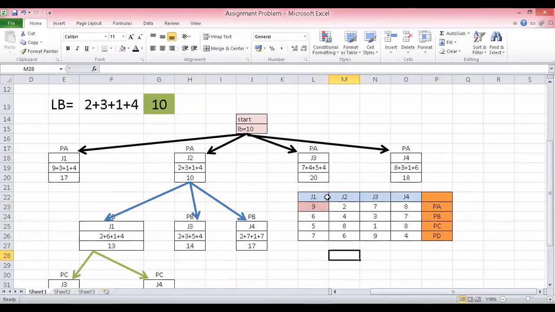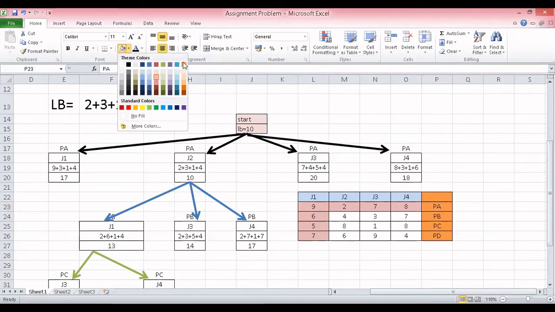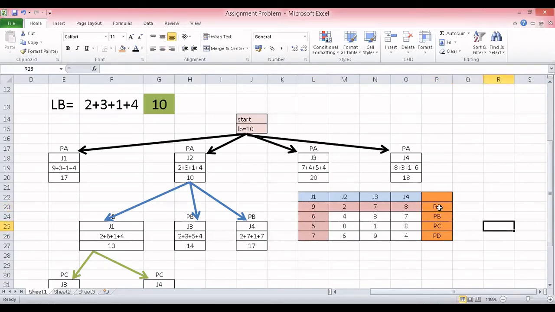If person A is there, I will highlight it with the color. And the row and column I am highlighting, observe carefully. What I have highlighted is person A's row and the job 1 column.